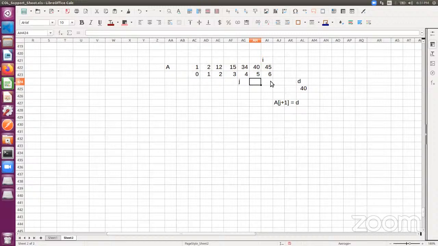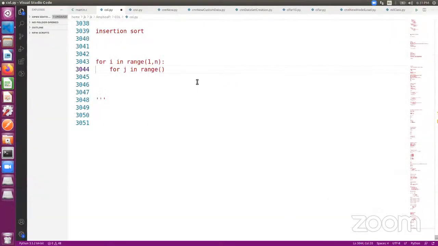No, not n. It varies, right? Depending on I. If I was pointing to the fourth location, j was starting from 3. So it is depending on I only, right? I minus 1, comma 0.